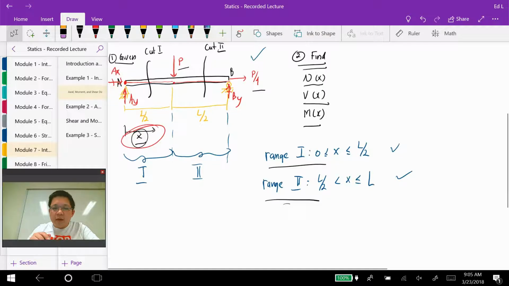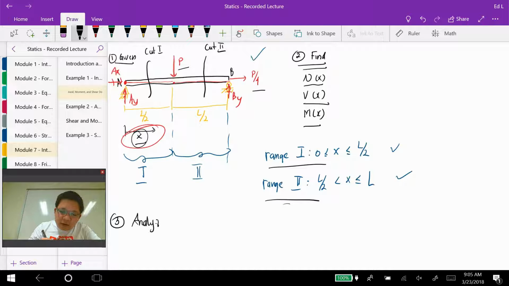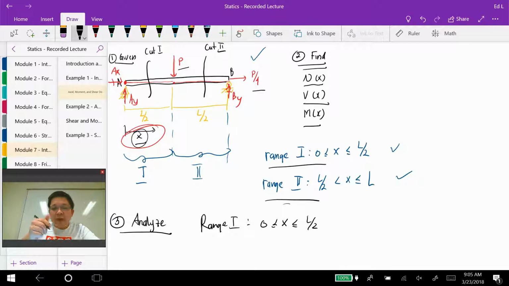So let's start with range 1 first, so that everything will become clearer. We start from range 1 where x is defined from 0 to L over 2. In this case let's define the distance where we make the cut as x.